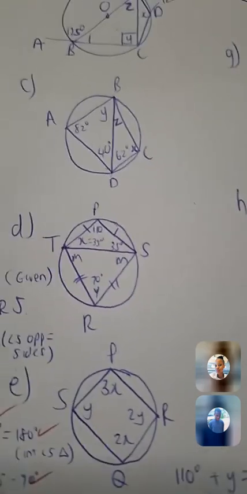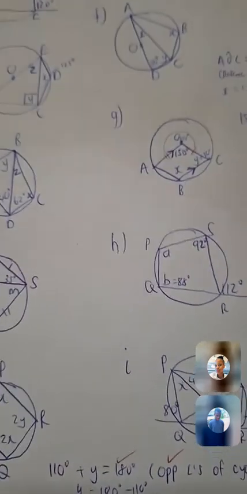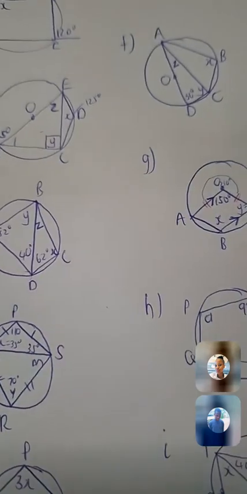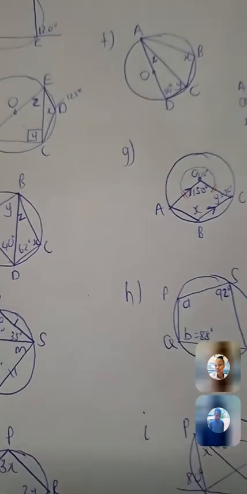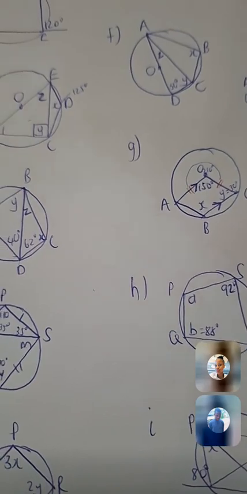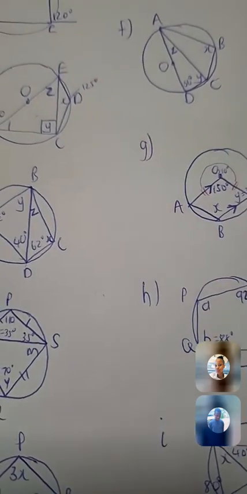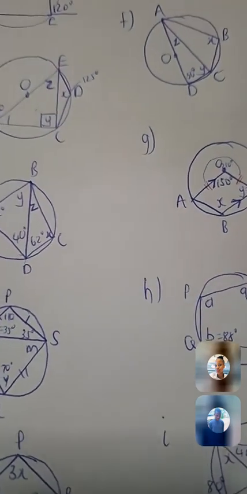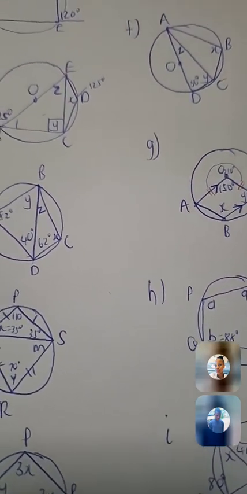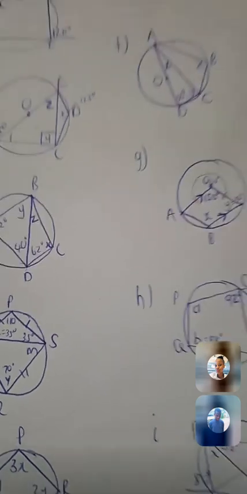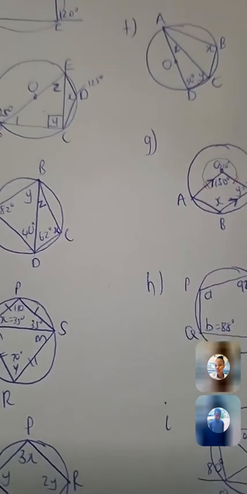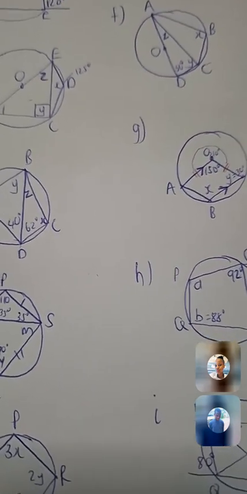That's why, for instance, with grade 11 now, as I'm helping you go through the grade 11 content, I am going through each theorem. I'm reading the statement with you. I'm unpacking what the words of the statement mean. And then I go to the diagram and show you what the diagram looks like for: a line from the center perpendicular to the chord bisects the chord. What does the diagram look like for a line from the center to the midpoint of the chord being perpendicular to the chord?